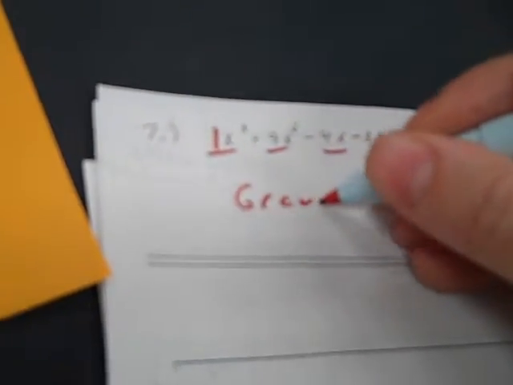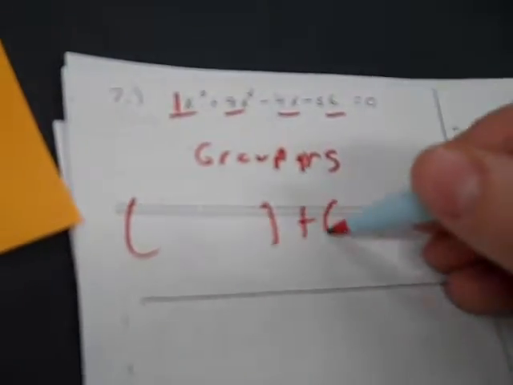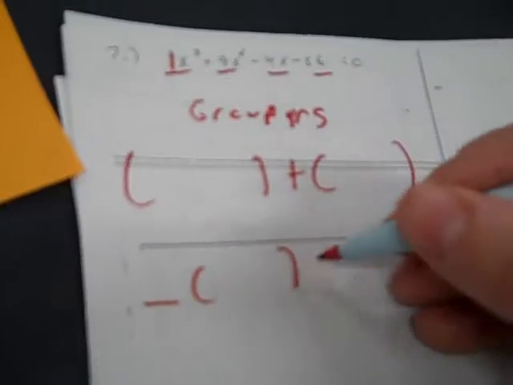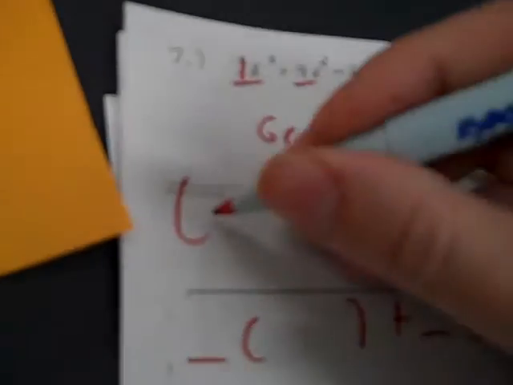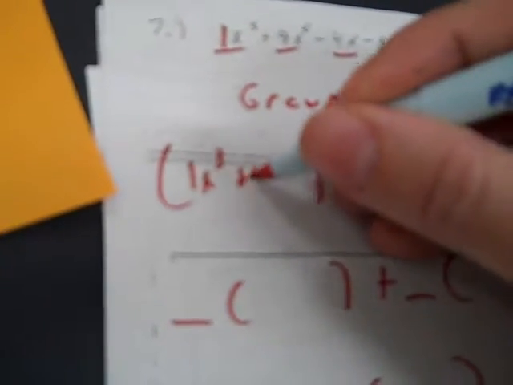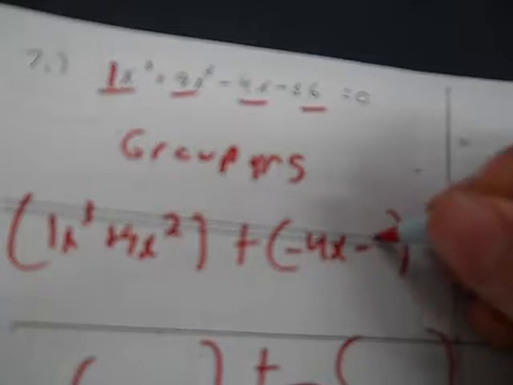So there's all these different kinds of x's you're going to have to factor, but this time it's 4 terms, and with 4 terms, we set up our grouping. Just like that. So I've got 1x cubed plus 9x squared, negative 4x minus 36.